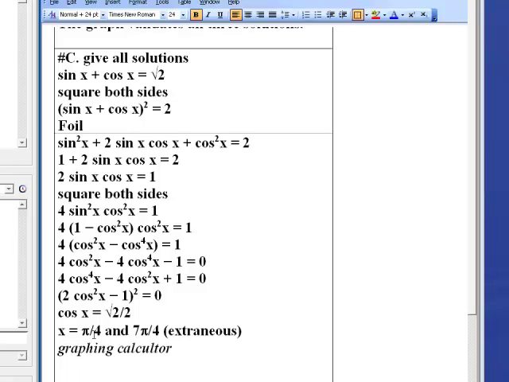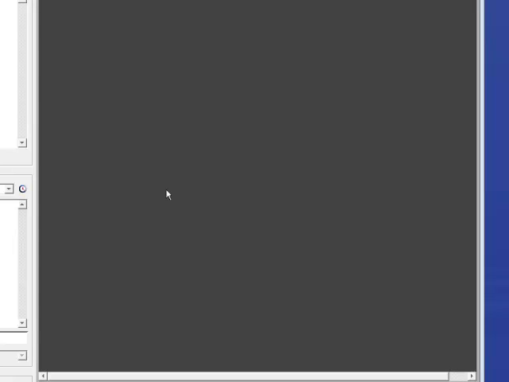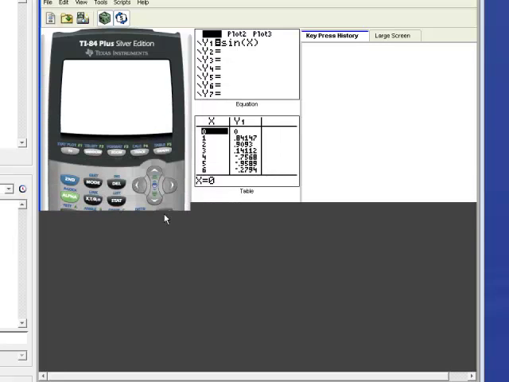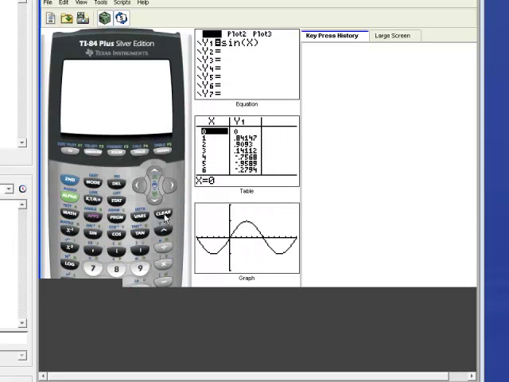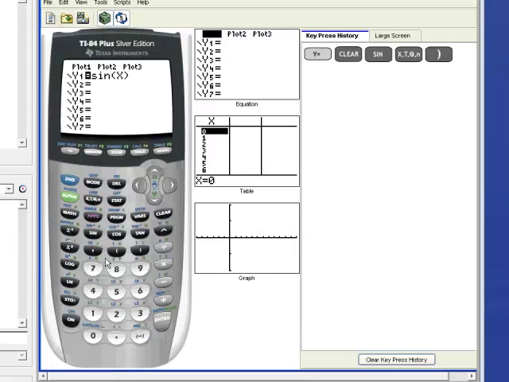the graphing calculator. So here, these are solutions. Okay, go over there. And let's see. Okay. I'm going to plug in the very original one, which is sine x plus cosine x minus the square root of 2.